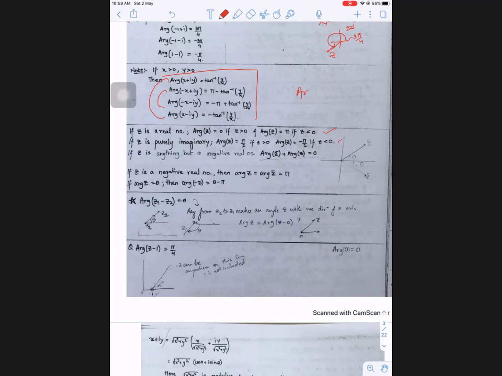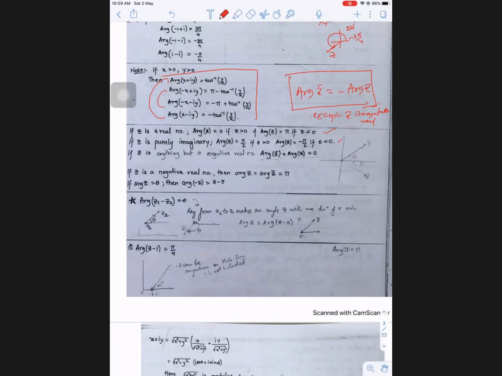And a very important point: argument of z bar is always equal to minus argument of z. This formula works in all cases, with only one exception, that is when z is a negative real number. Except when z is a negative real number, in all cases, principal argument wise, argument of z bar equals minus argument of z.